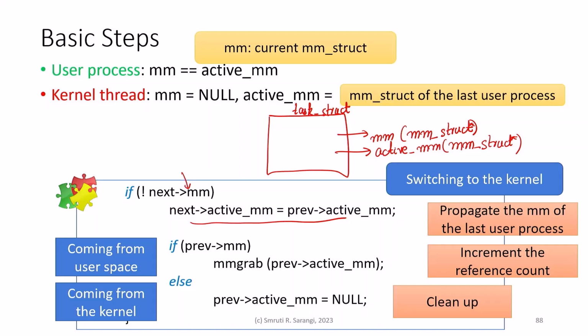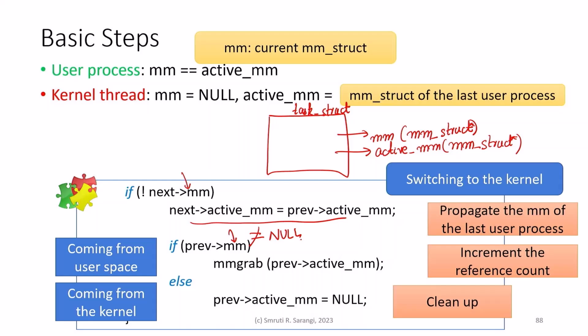Now let us see where you are coming from. You could either be coming from user space, or you could be coming from a pure kernel thread. So if you're coming from user space, prev.mm will not be equal to null. All right, so then that is fine. You simply increment the reference count of the struct of the user space to indicate that there is one more thread that is interested in it.